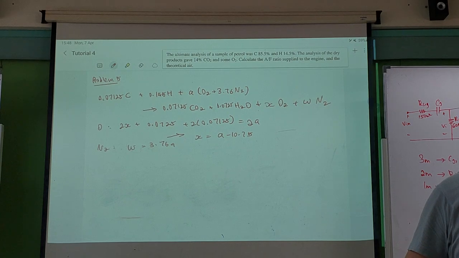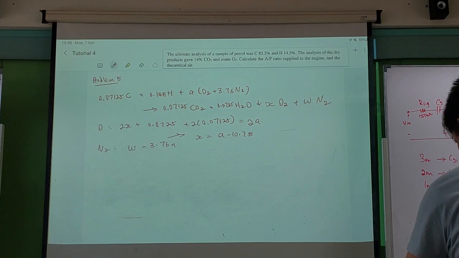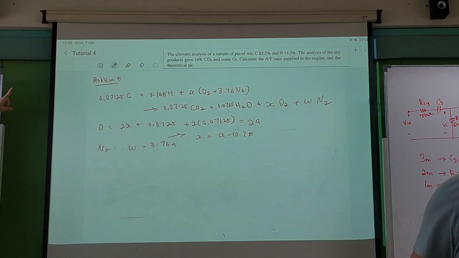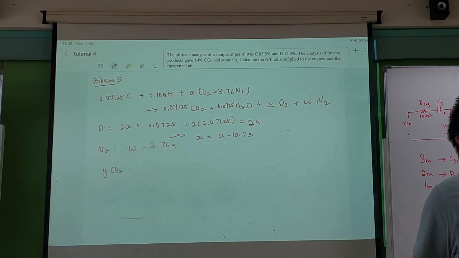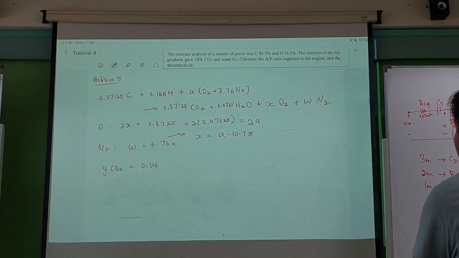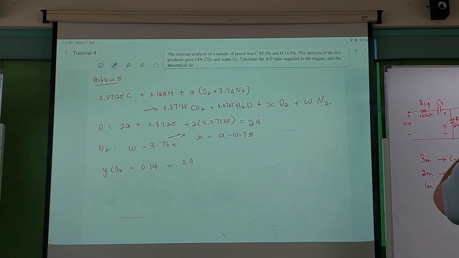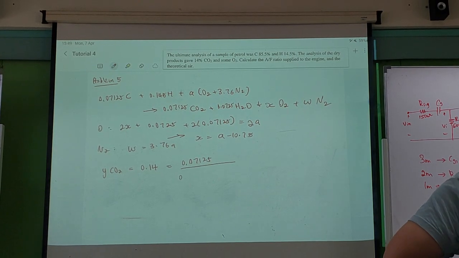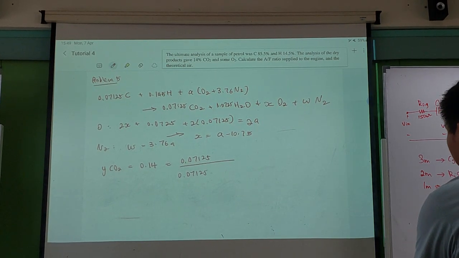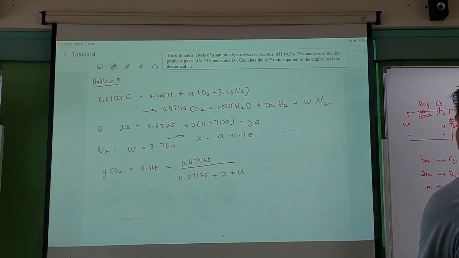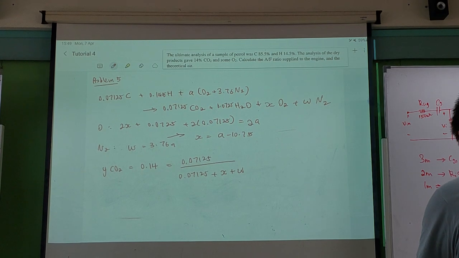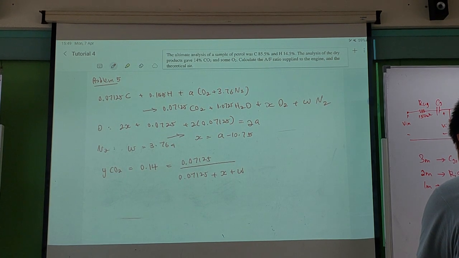So in this case, you have 2 equations but 3 variables, so not enough. But obviously, the question does give you information. You know the dry product of the CO2 is 14%. So meaning yCO2 is equals to 0.14, which is equals to 0.07125 over 0.07125 plus X plus W. Now we have 3 equations, so 3 variables, 3 equations.